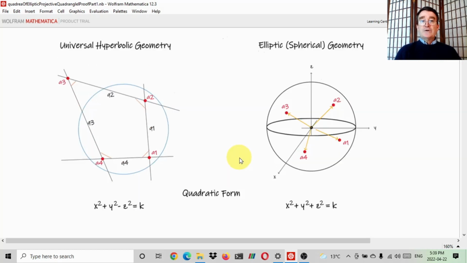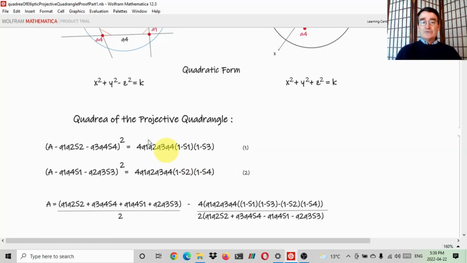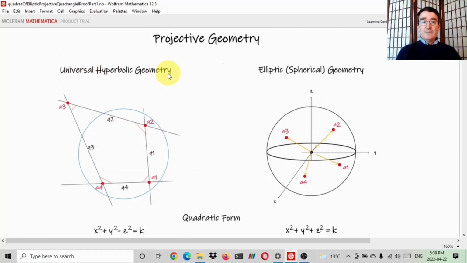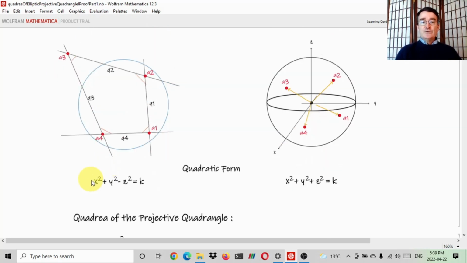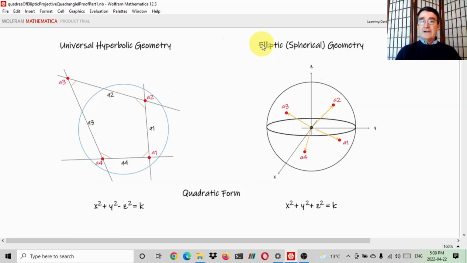And we showed in a previous video that this was true for the case of universal hyperbolic geometry, which uses this quadratic form, x squared plus y squared minus z squared. In this video, we'll show that it's true in the elliptic or spherical geometry, which uses the quadratic form x squared plus y squared plus z squared equals k.